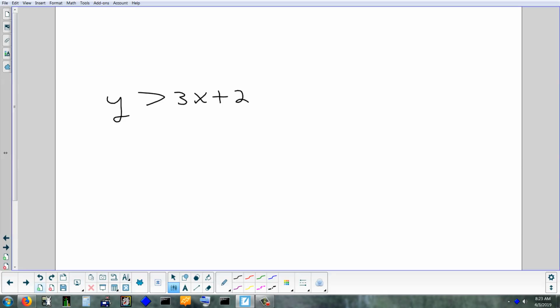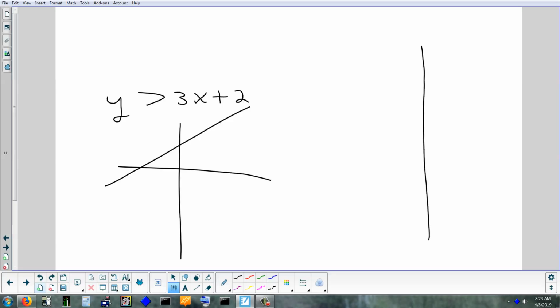When you graph it, the line would look like this. It's above. So when it's greater than, you shade above. How about when it's less than? Below.